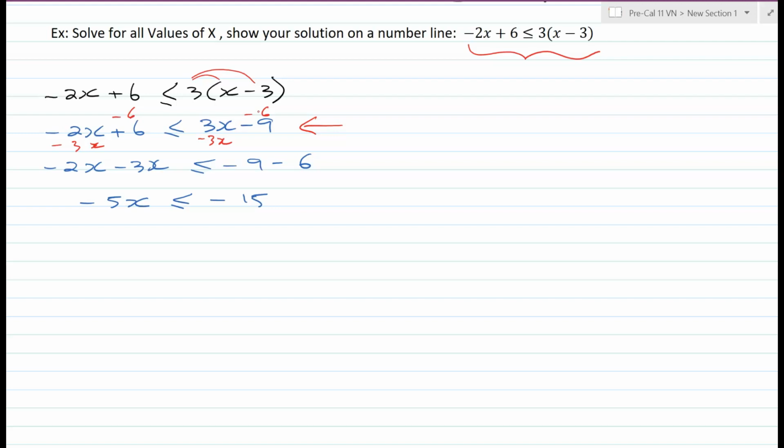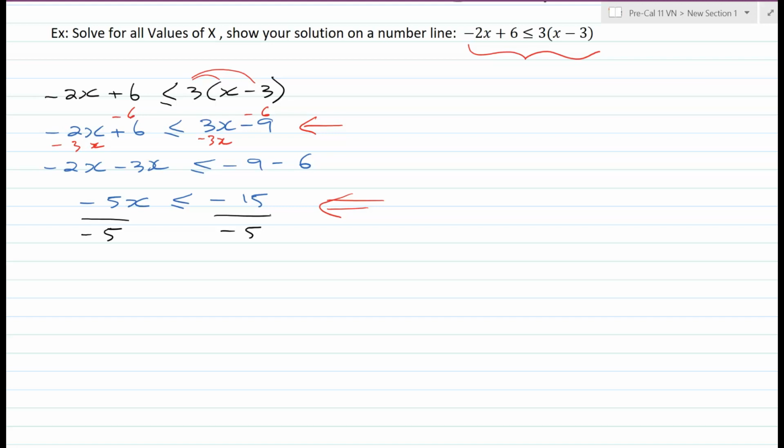Your final inequality will look like this, and once you have that, this is the part that you have to be careful. Now, if this was just an equation, you divide both sides by -5, which in this case you do the same. You divide both sides by -5, the coefficient of x, because you want the x to be isolated. But here's the trick.